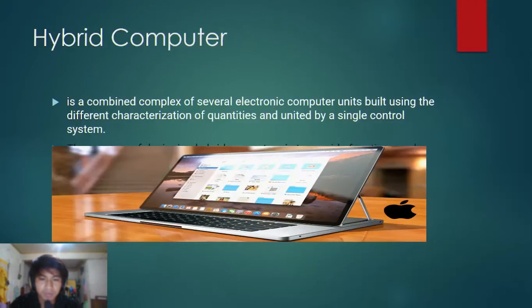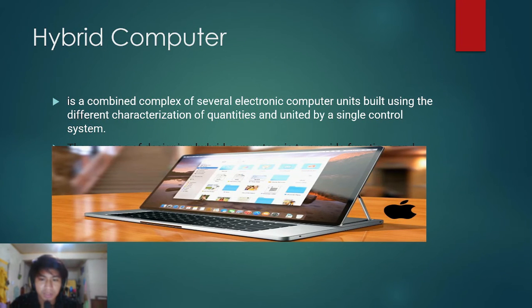The last type of computer is the hybrid computer. It's a combined complex of several electronic computer units built using the different characterization of quantities and united by a single control system. The purpose of designing hybrid computers is to provide functions and features that can be found on both analog and digital devices.